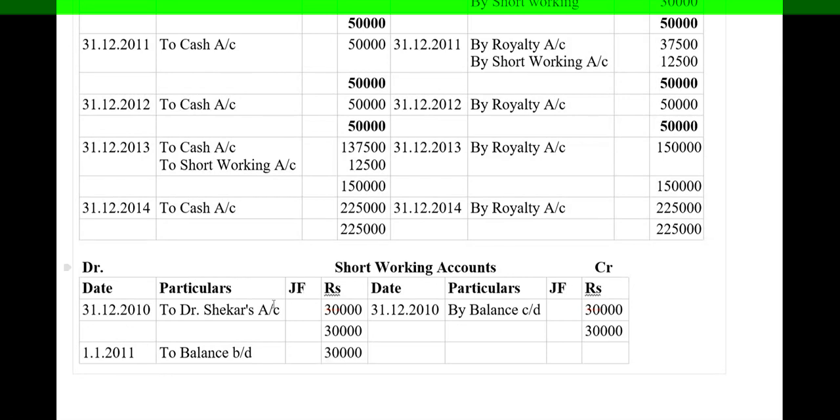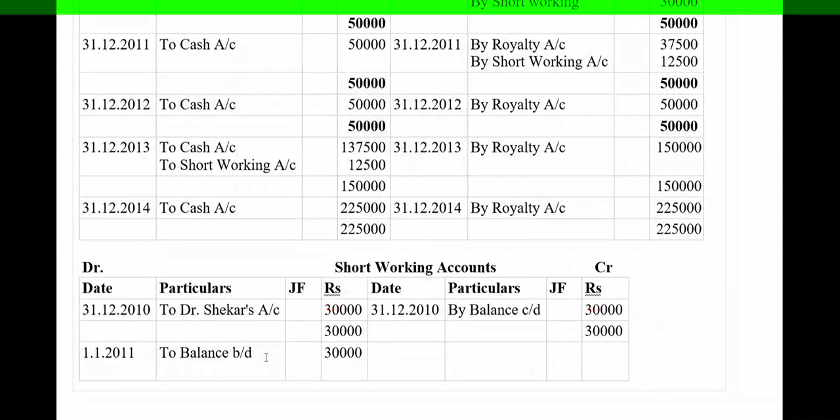Now you can see we have got a short working in the second year also. So here at the end of the year, that is on the next date, or you can write here itself.